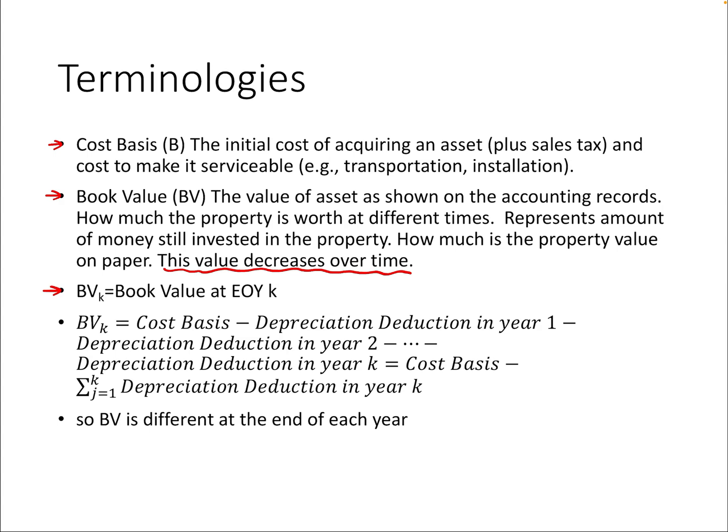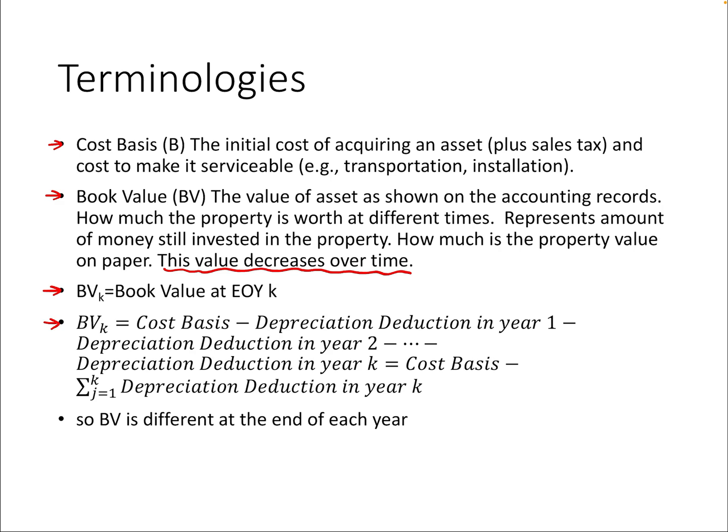And the BVK is the book value at the end of year K, because the book value changes over time. So sometimes we are curious about what is the book value at the end of year K. Okay, and BVK, the calculation is very easy to understand.